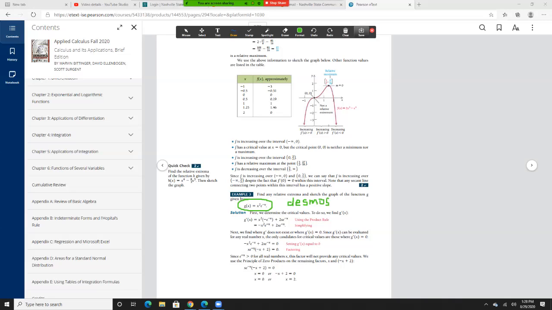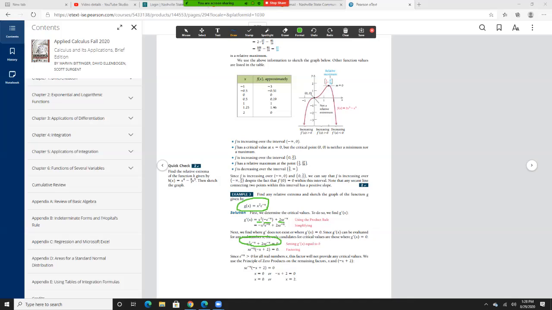Now you may be wondering, how in the world do we find the critical values? Well, it's the same process. All you do is take the derivative and set it equal to 0. Of course, in this case, we have a product, so we have to use the product rule. In this case, we would multiply the first function times the derivative of the second, plus the second function times the derivative of the first, and we would set it equal to 0.